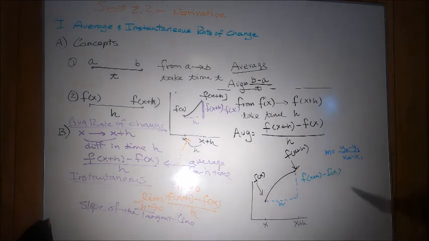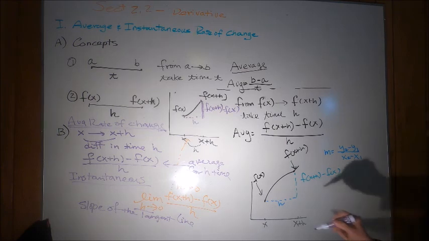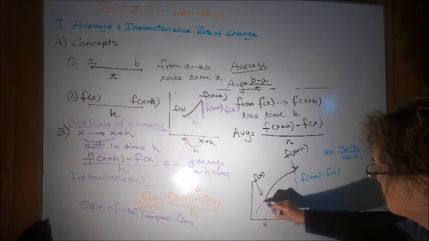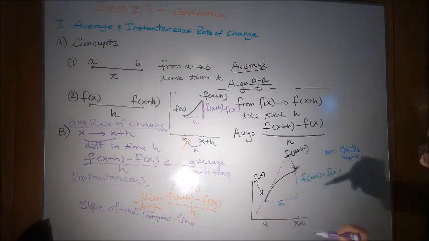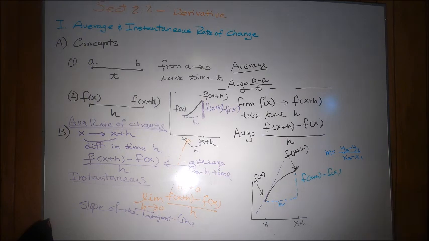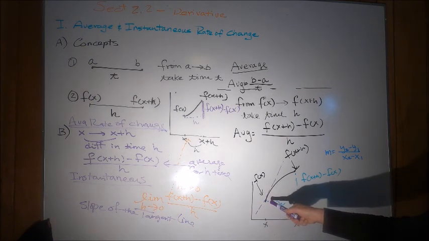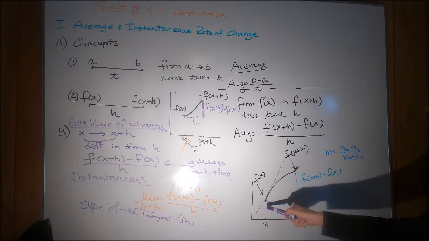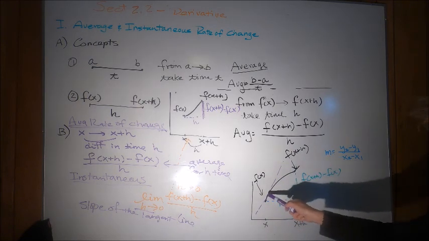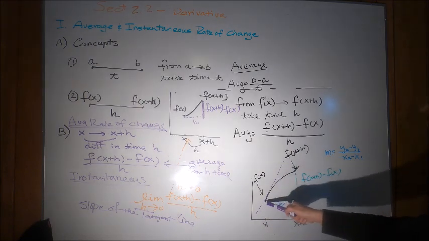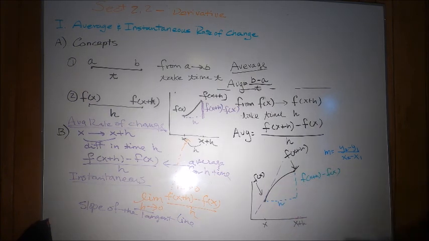Just for the moment, we use this. The tangent line almost looks like this. The tangent line at that point, close to that point, only crosses the curve one time.